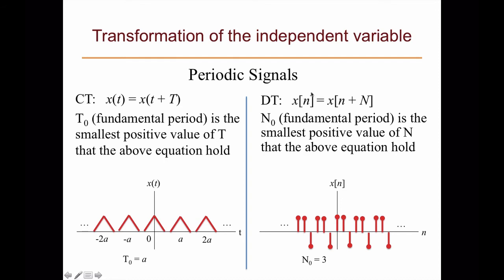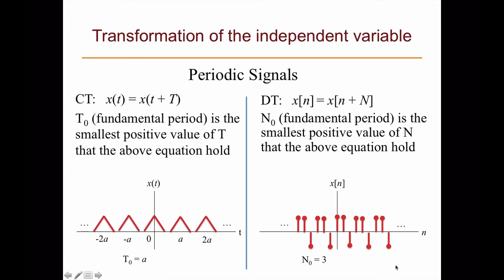Xn, if it is a periodic signal, then it should have equal signals at xn plus capital N. And when this N has its smallest value, we call that smallest value the fundamental period, and it is the smallest positive value of either N or T that will hold this equation.